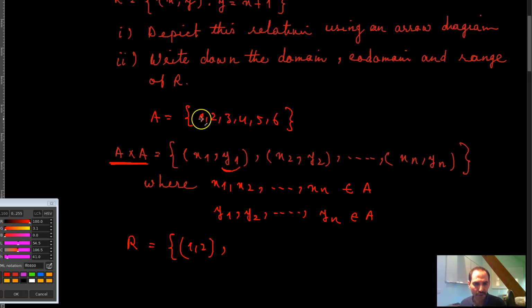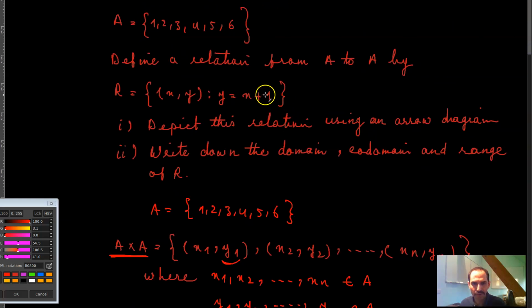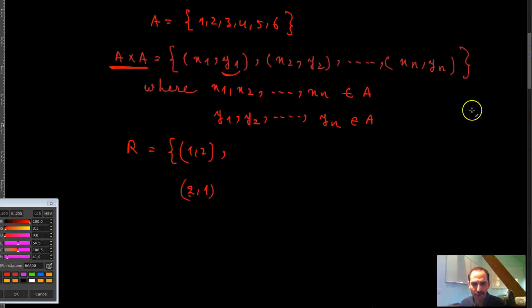Then could 2, 1? If I write 2, 1, we said that y has to be equal to x plus 1, right? So x plus 1 would be 2 plus 1, which is equal to 3, which is not equal to 1. So this is not what I'm looking for.